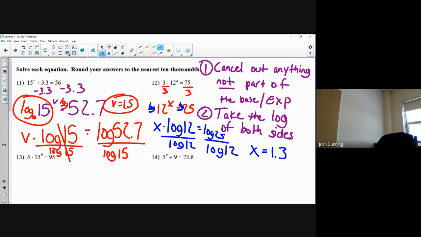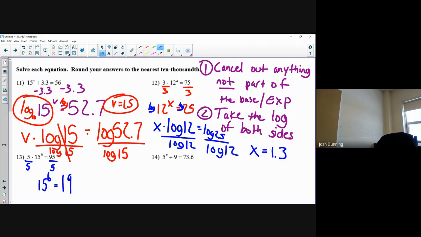Same idea. We've got to cancel out anything not part of the base and exponent. That 5 times, that's not getting that b power, so I'm going to divide. If you type 95 divided by 5 into the calculator, you get 19.